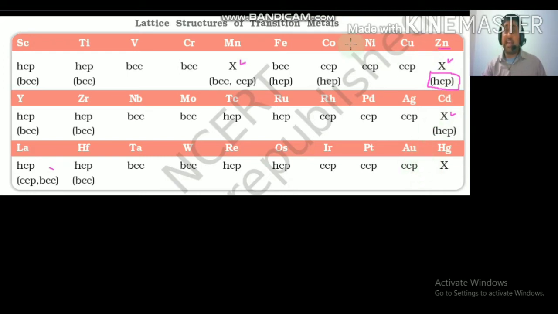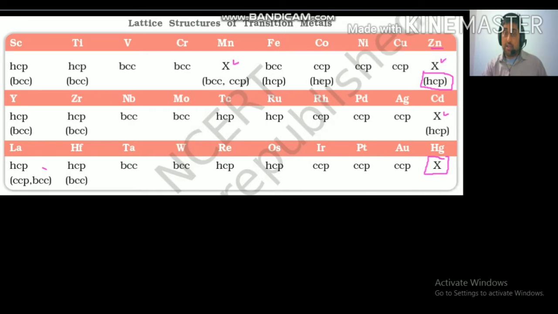So you can see the various lattice structures of different transition metals.